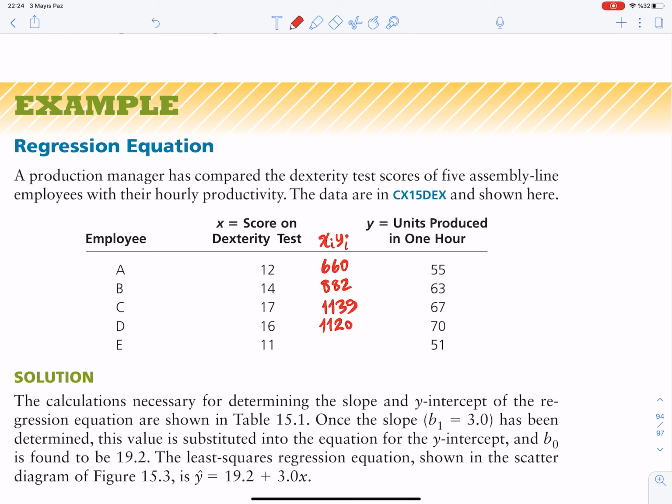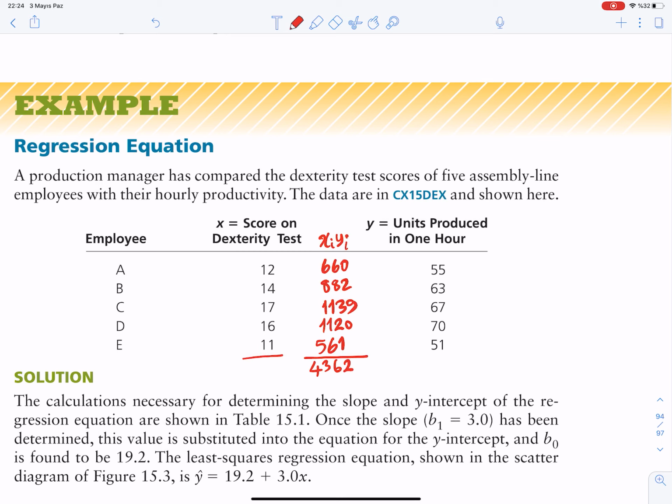And 11 times 51 becomes 561. Summing up, there's the sum of xi times yi: 561 plus 1120 plus 1139 plus 882 plus 660. The result is 4,362.